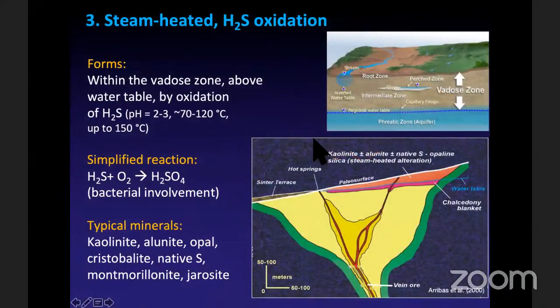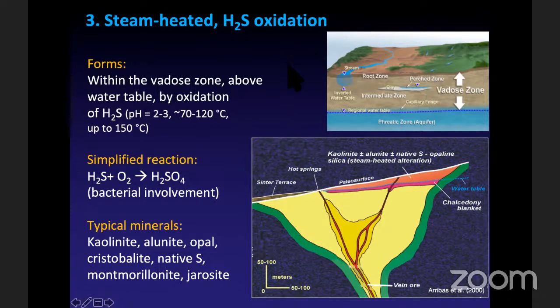Number 3, steam-heated alteration, formed by oxidation of hydrogen sulfide above the water table in the vadose zone, an oxygen-rich zone, very oxidized, with atmospheric oxygen. It is not saturated with water, but there is water and there is also oxygen.